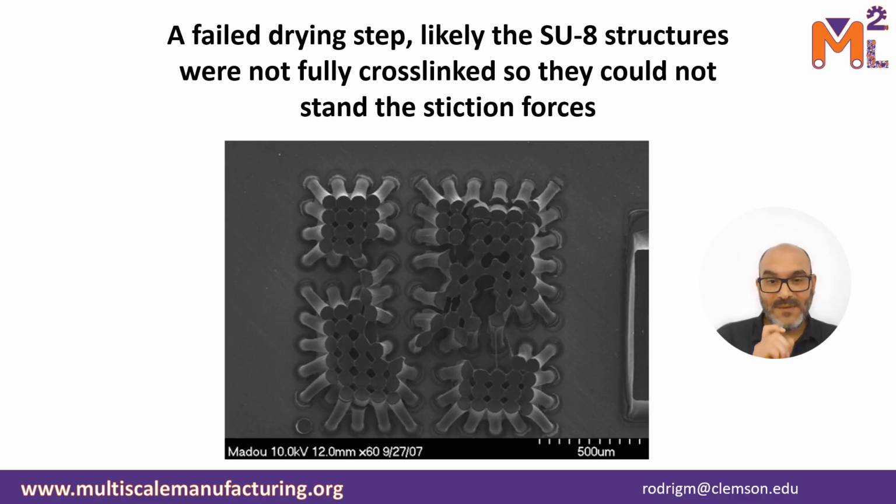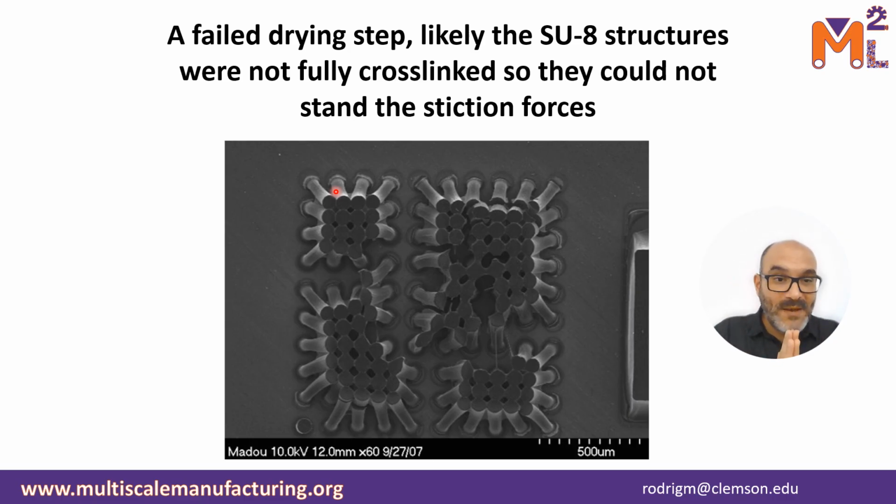because you don't want to end up with a feature that looks like the one in front of you. In these cases, the photoresist was exposed correctly, right? Maybe it was not baked for long enough. Maybe these posts are not fully cross-linked, so they're still quite pliable. And when you're trying to dry it, the stiction that develops between the posts because of the liquid leaving the substrate will cause these posts to come together.